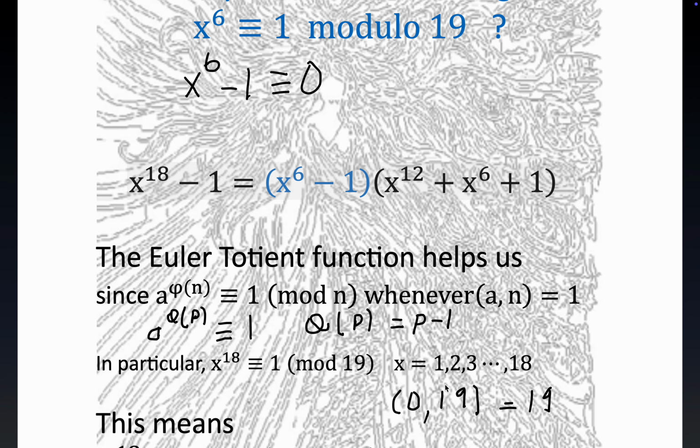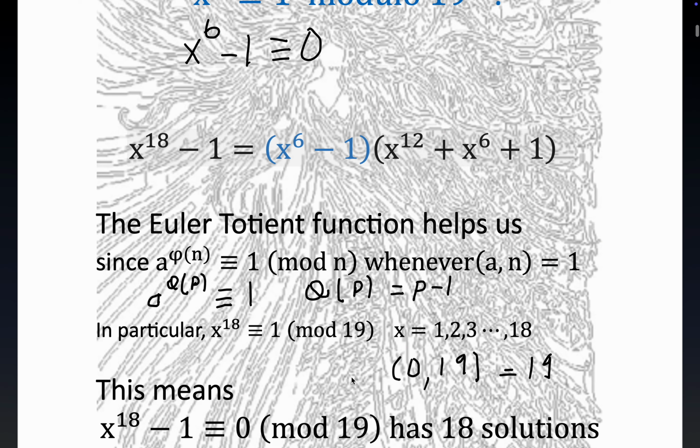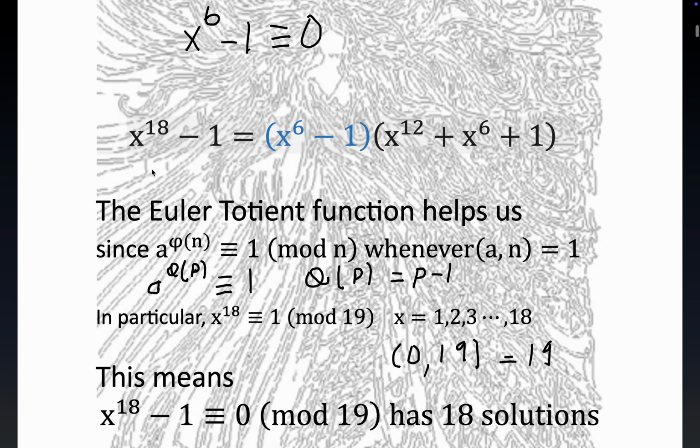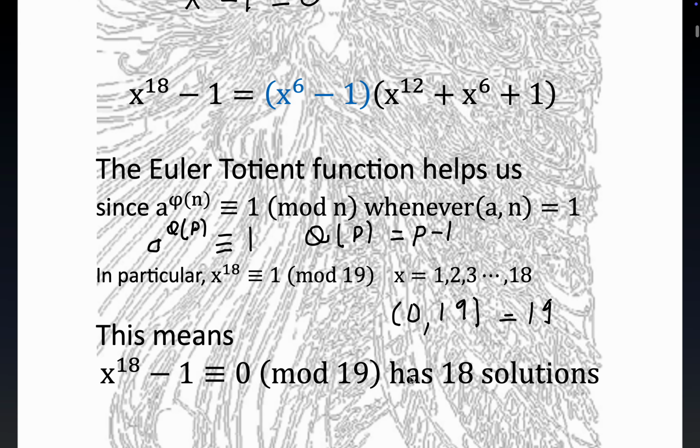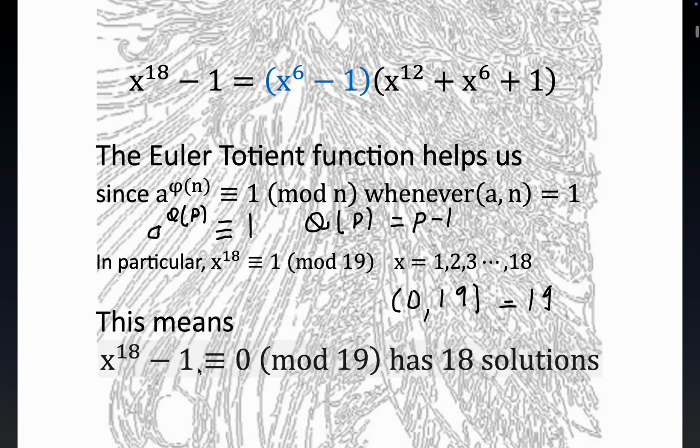So that's why we leave 0 out. And it's a good thing because that means there are 18 solutions to this guy. And this is much like how it is in regular polynomial stuff, that you can have no more solutions than the degree of the polynomial. In this case, it's the same here for number theory, okay? So what we know is that x to the 18th minus 1 has exactly 18 solutions, right?